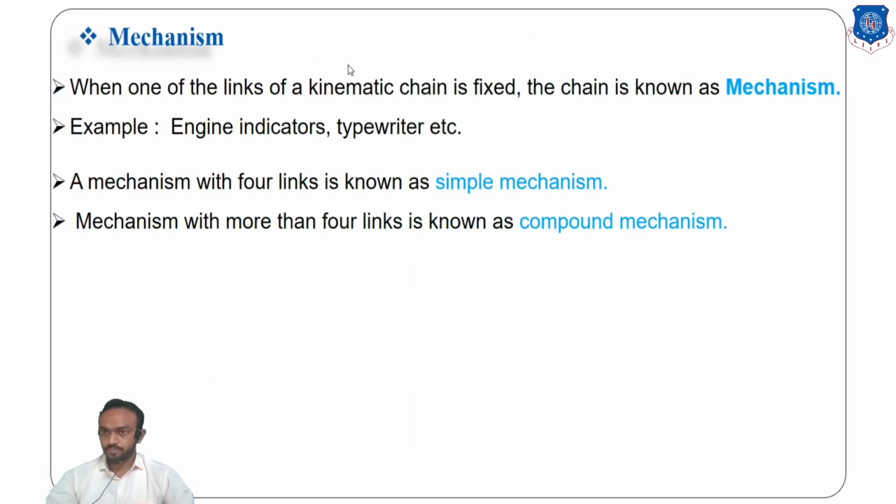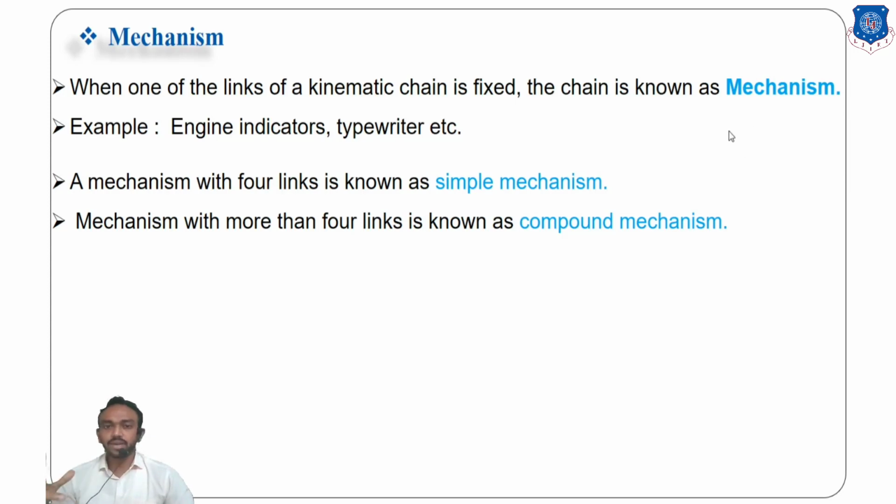So we are at the last stage of our chapter. Kinematic links connect to make pairs, and a chain makes what? A mechanism. In this chapter we have to learn mechanisms, not machines. If one of the links is fixed, then it is called a mechanism.